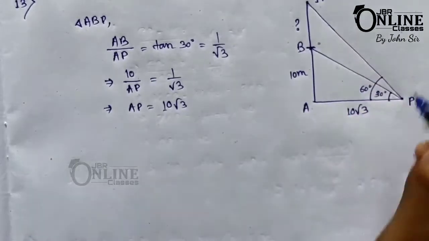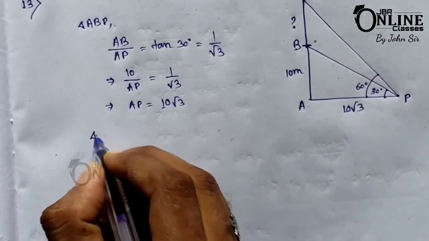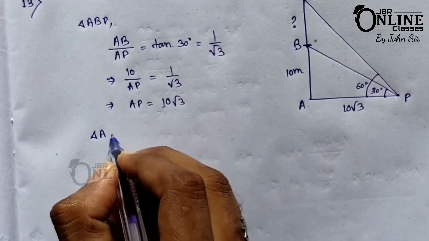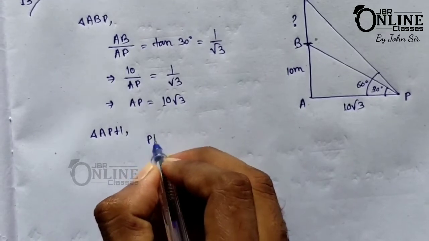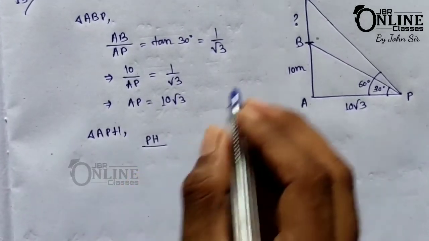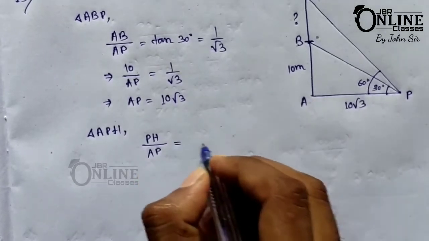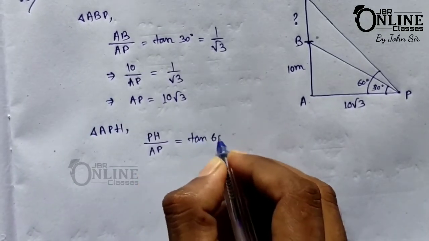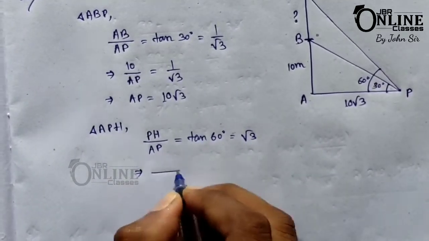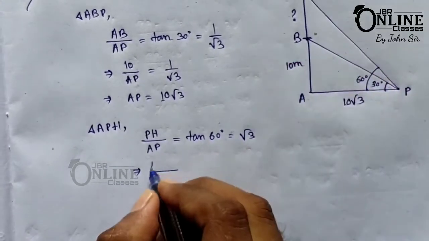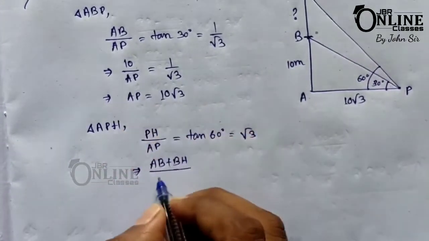Now for the whole triangle APH. From triangle APH, here PH is the height. So height or perpendicular by base, that means AP, equals tan 60 degree. Now value of tan 60 equals root 3. So here PH means AB plus BH, and AP equals 10 root 3.